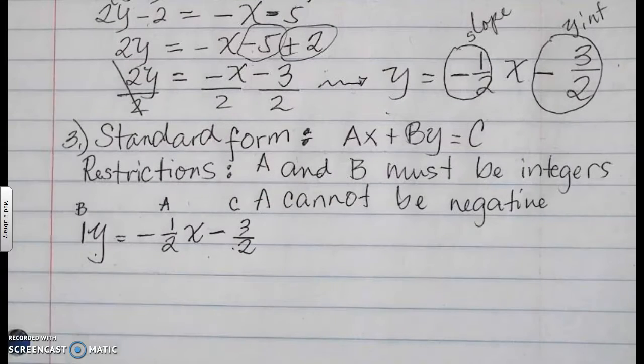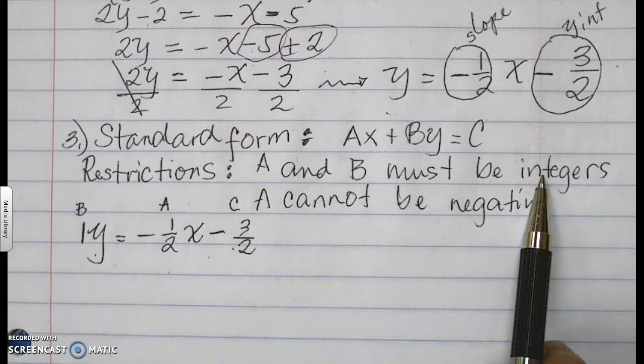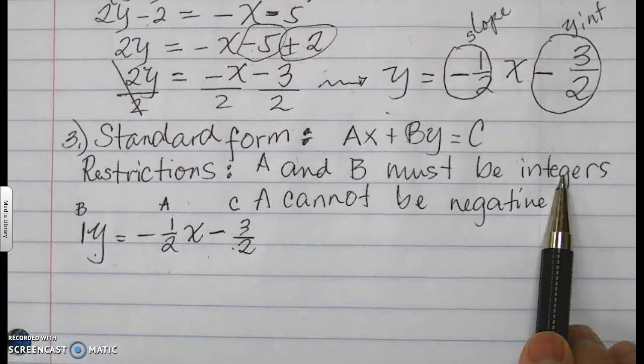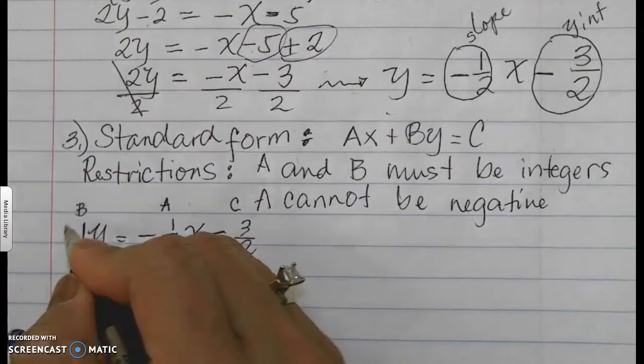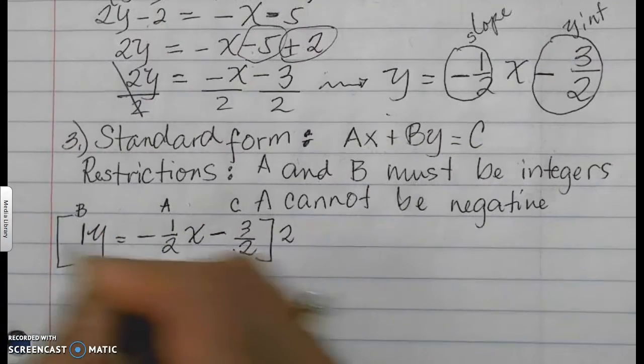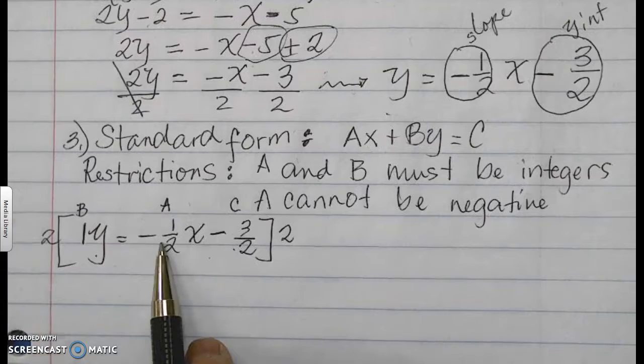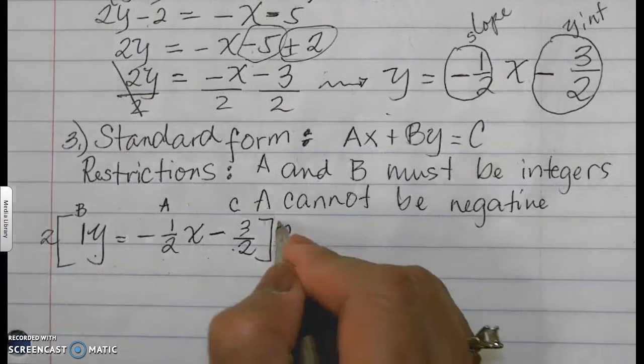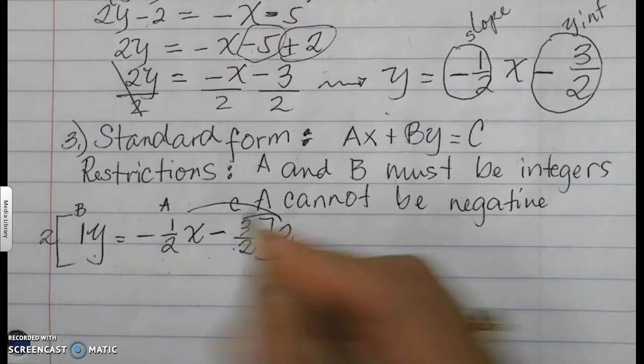That's how it goes, okay? We need to get rid of the 2 at the bottom because we cannot have a fraction. It has to be an integer. So we're going to multiply this by 2. So all of them, okay? Multiply by 2, all of them, including this 2. You go ahead and distribute that.